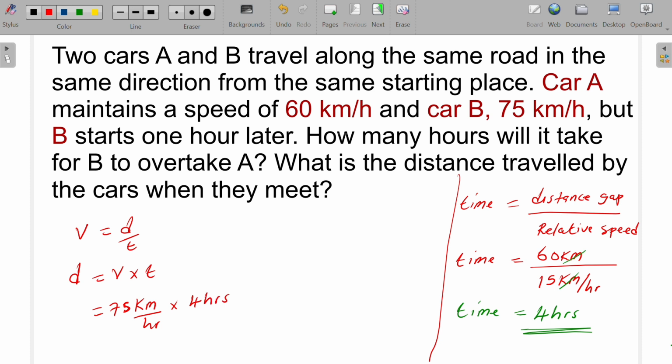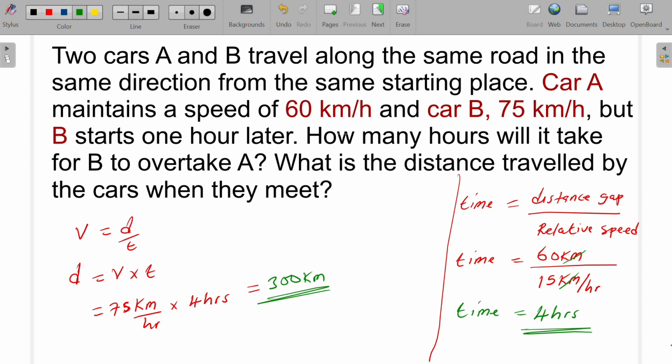And when we do our mathematics here, according to my calculator, I'm getting 300. So 300 kilometers is the distance the vehicles have covered when they met, at the point they met.